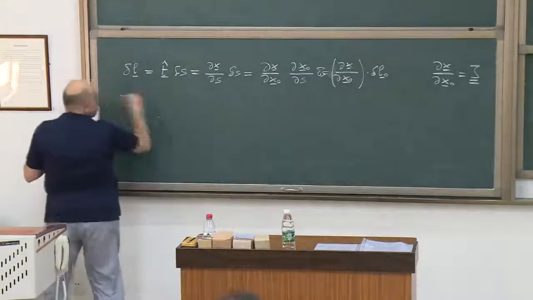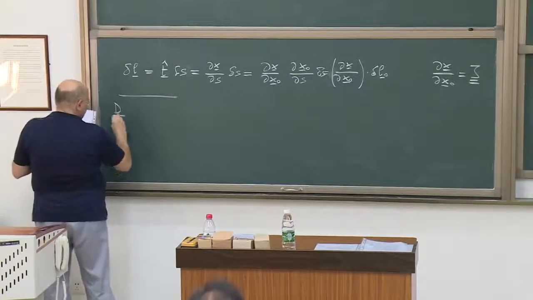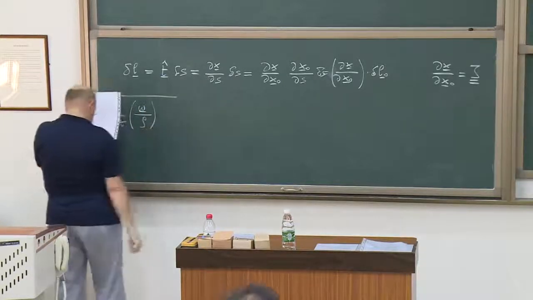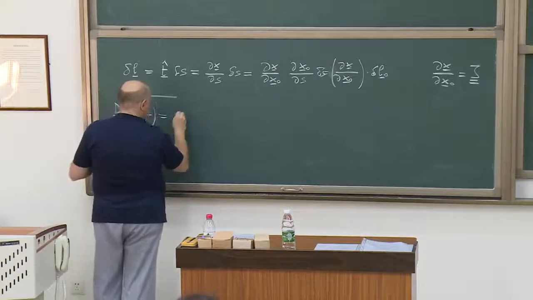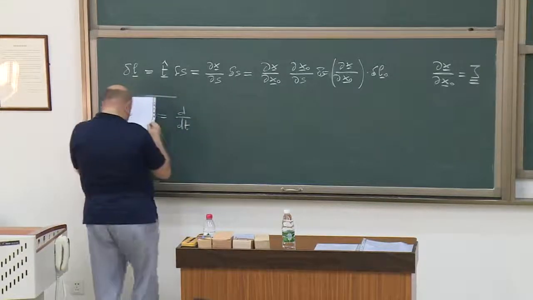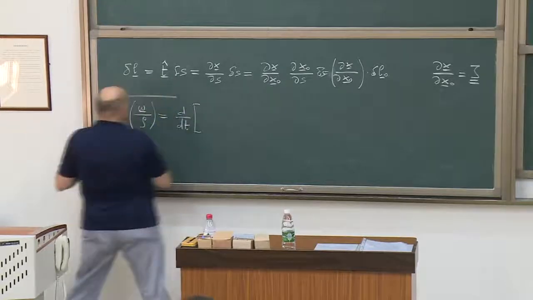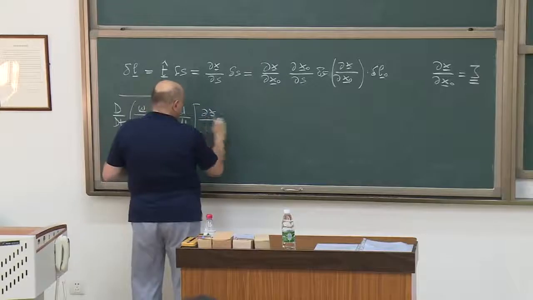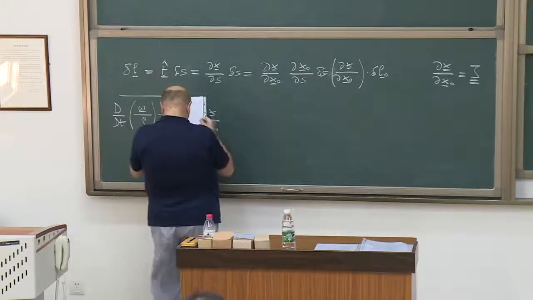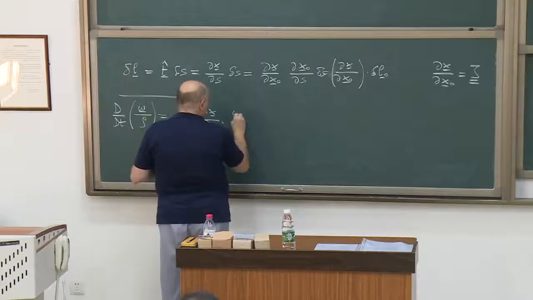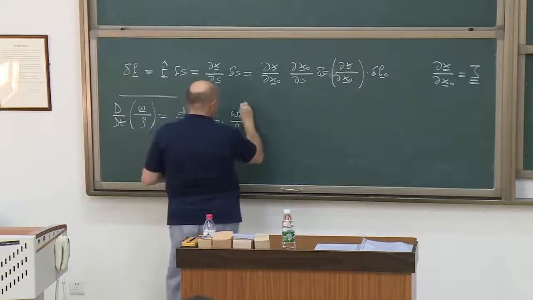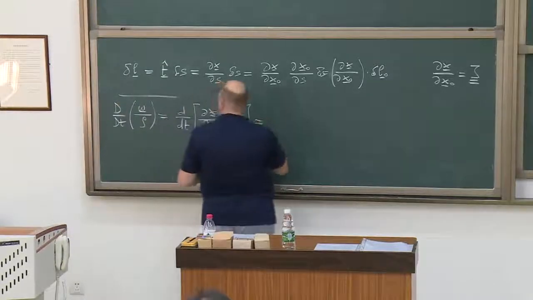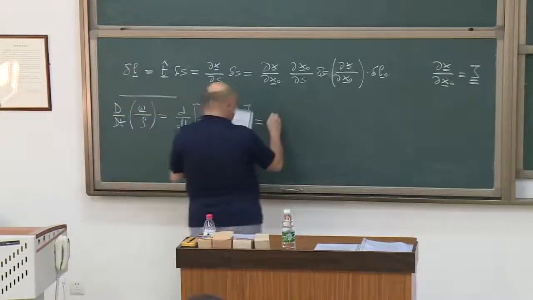You have to take a d/dt of omega over rho, and this is d/dt Lagrangianly of, we go back to the original state, so dx over dx0 times omega0 over rho0. And then we work out the velocity from this, because the derivative of x is the velocity.